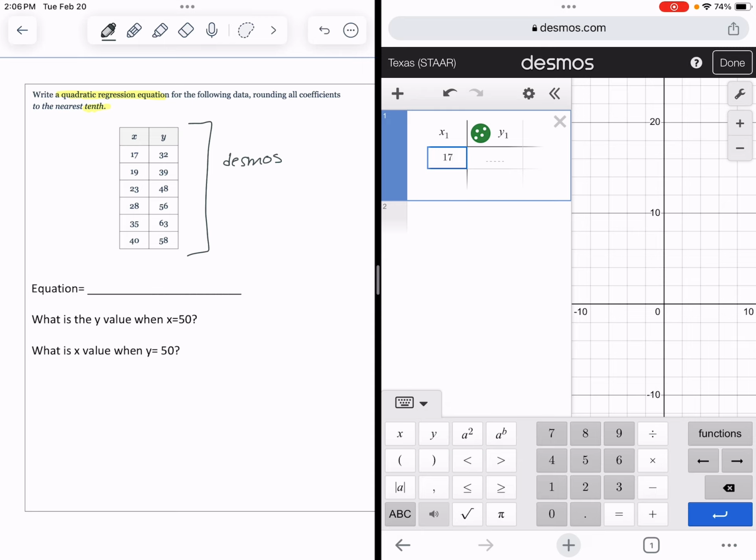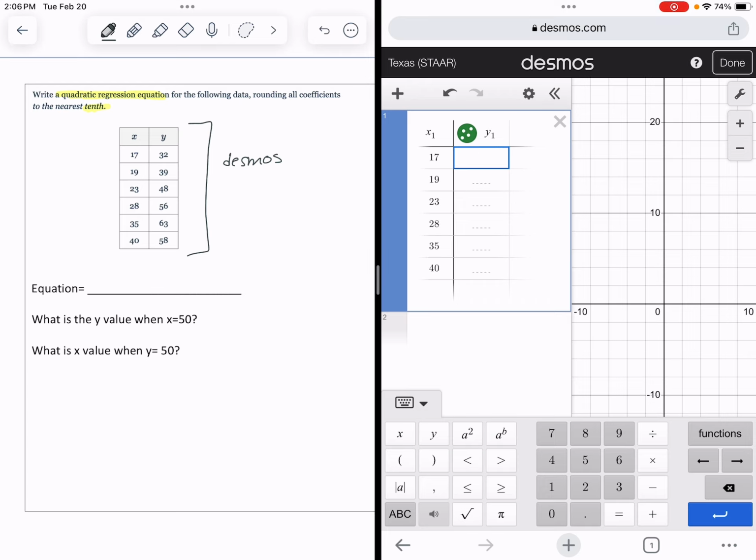So 17, 19, 23, 28. You have to type every single number because you want your data to be as accurate as possible. And then typing the y's in the y1 column.